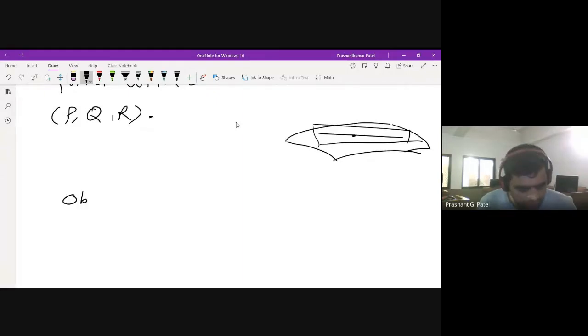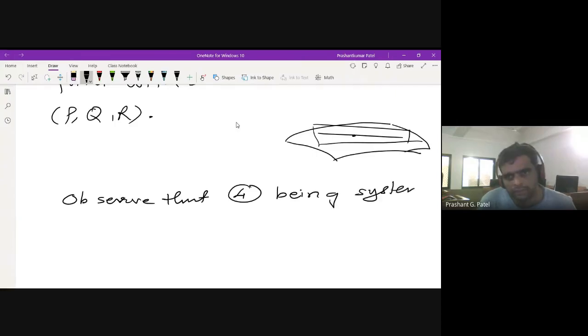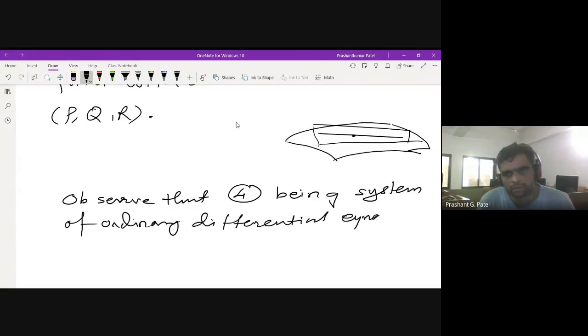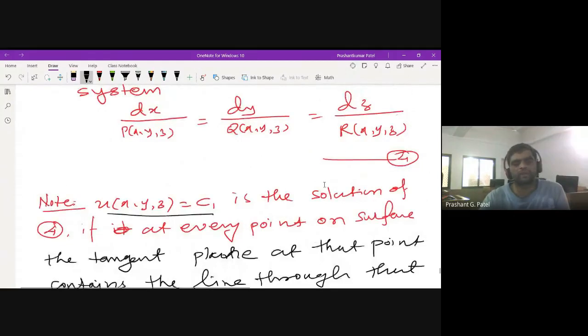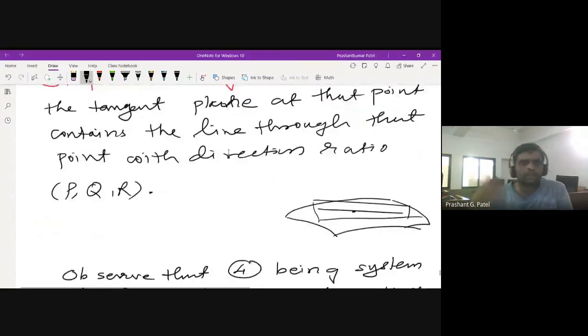Okay, so observe that the system of ordinary differential equations, because you just observe that this will contain dx upon P of xyz, dy upon Q of xyz. So this is a system of ordinary differential equations.